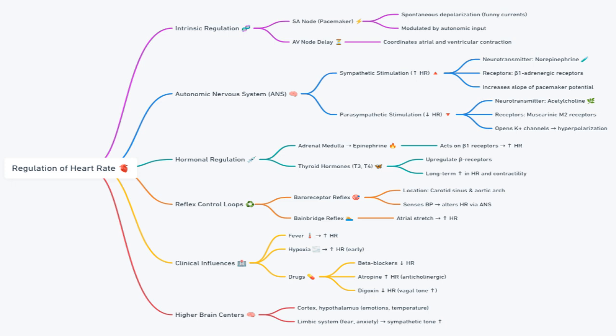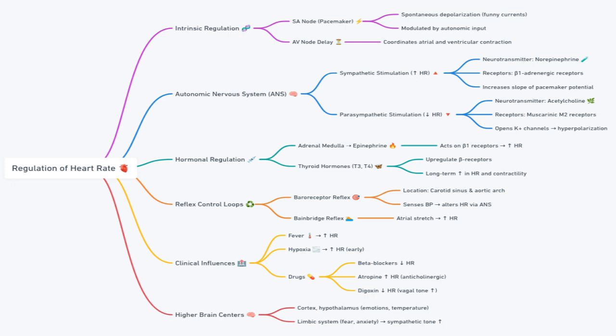With the modifying factors, exercise and physical activity are very important. Increased metabolic demands during exercise lead to enhanced sympathetic stimulation and reduced parasympathetic tone, resulting in tachycardia. Emotional and psychological stress triggers a fight or flight response by the sympathetic nervous system, elevating heart rate.